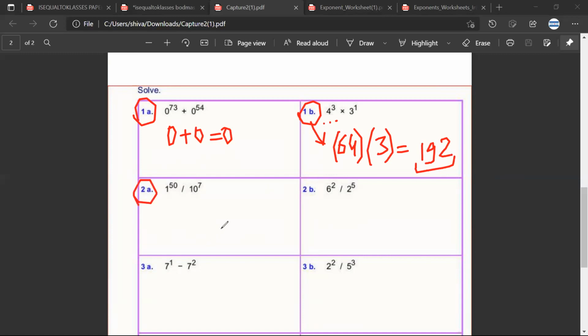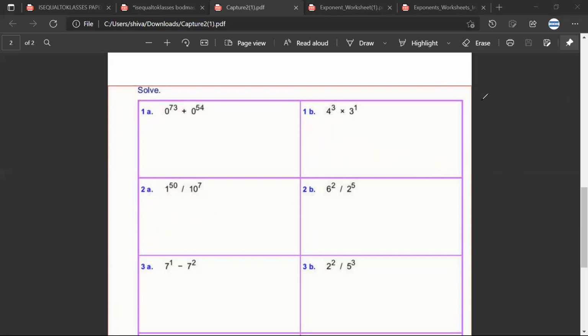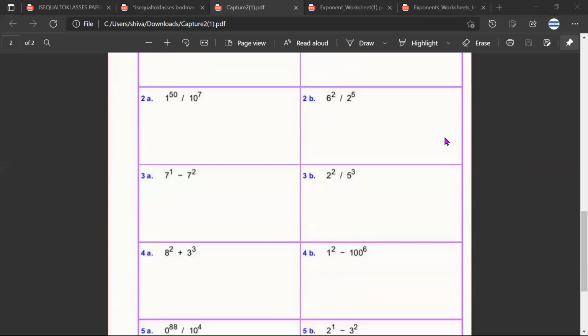Second A. 1 divided by. Any doubt? No, 2B. 12 divided by 32.